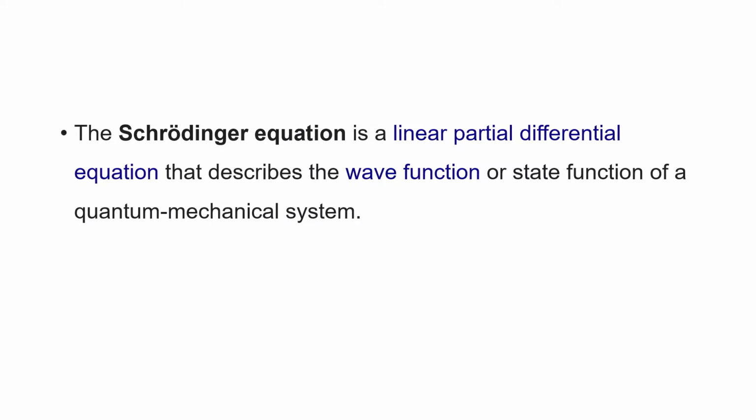We know the Schrodinger equation is a linear partial differential equation that describes the wave function or state function of a quantum mechanical system.